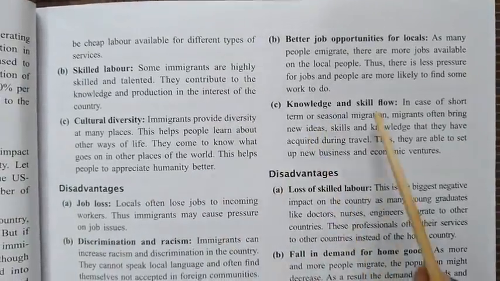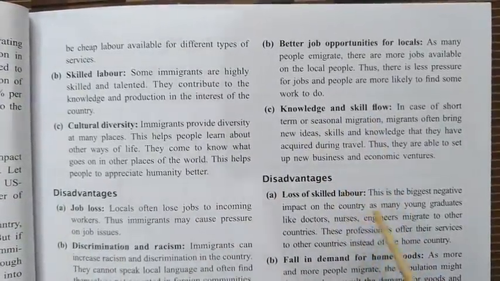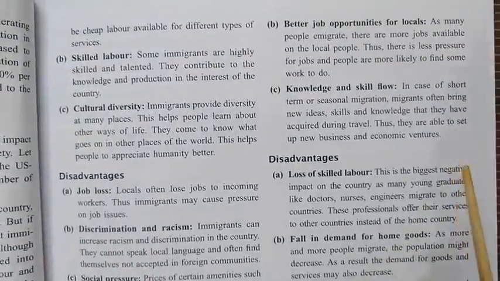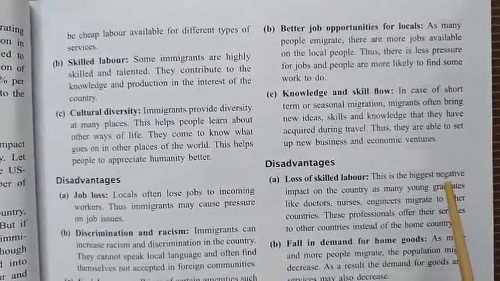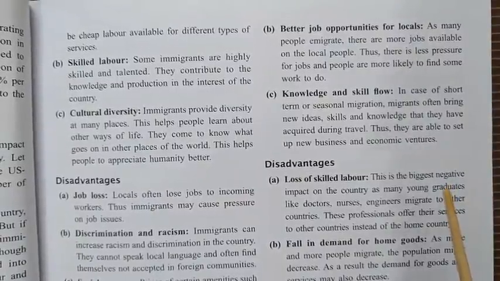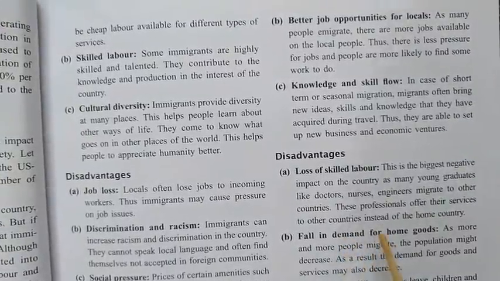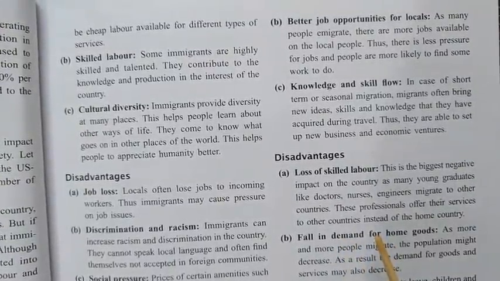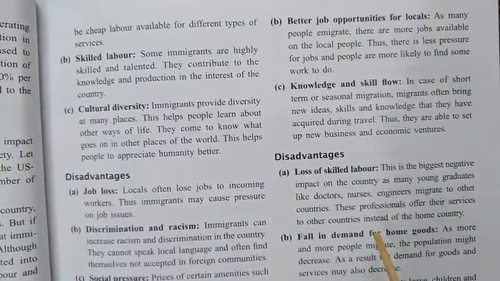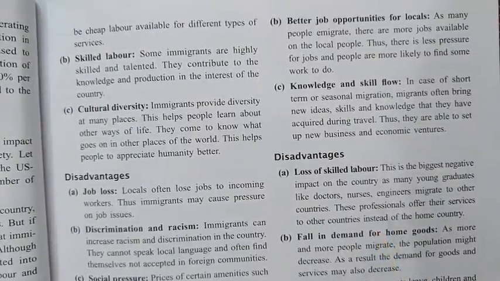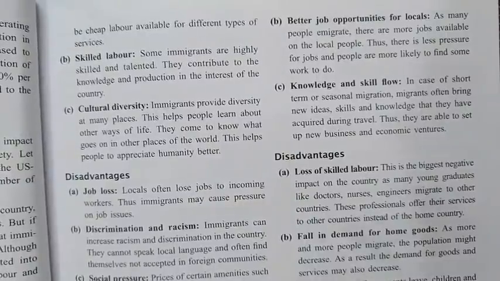Next is knowledge and skill flow. Here we take the example of seasonal migration. Suppose some people from India go to a country like the United States of America, for example a space scientist who gets an opportunity to work at NASA. He is deputed there and works for 5 years.